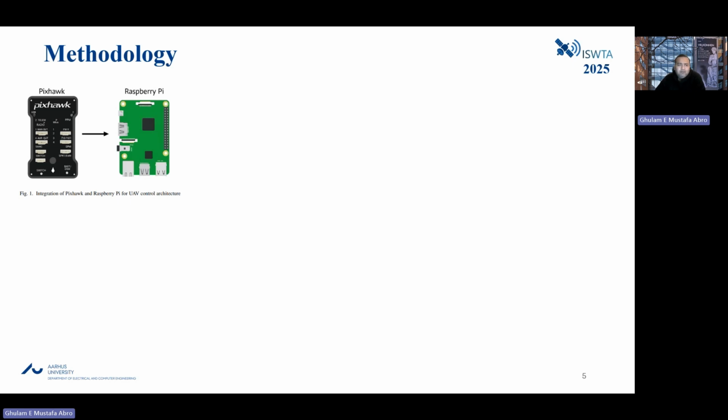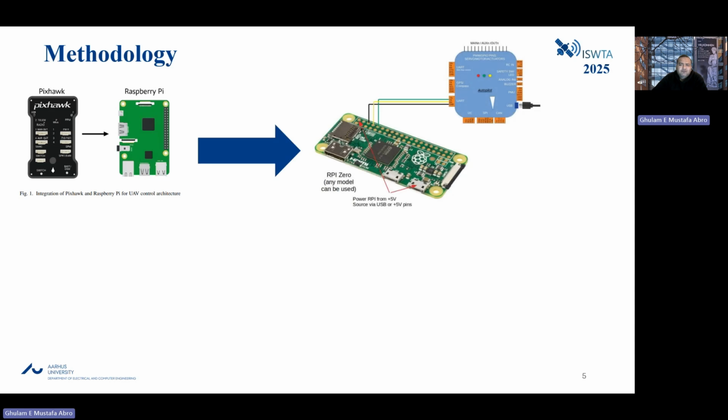So we come up with a methodology where we integrate Pixhawk and Raspberry Pi. Rather than integration, we can say that we are latching Pixhawk with Raspberry Pi, which means that now we are connecting some of the control pins with our Raspberry Pi.